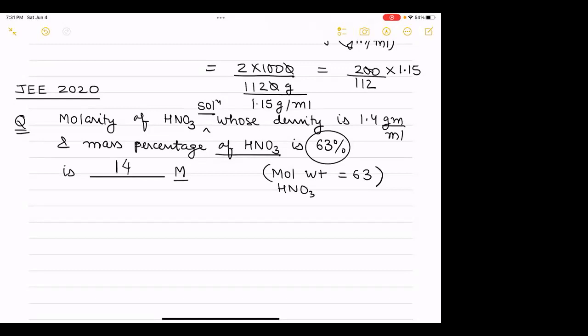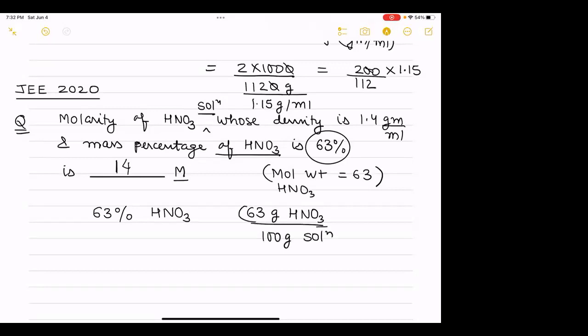Okay, so how did we do it? What is the data? It is 63% HNO3. Vamsi, how did you do it? Tell me. The data is given as 63 percentage of HNO3, so we can write 63 grams of HNO3 in 100 grams of solution, and we can substitute the value.